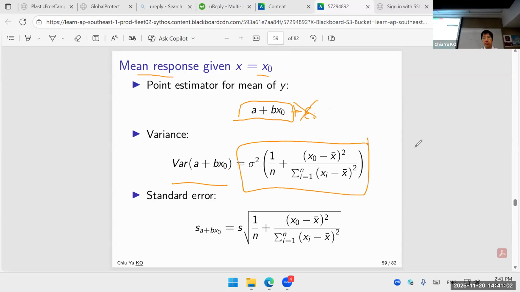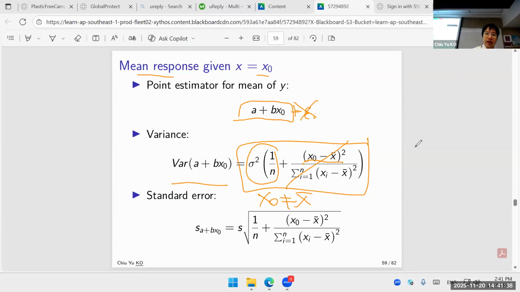This is actually variance of a plus variance of b. You notice the variance of what you predict is related to how close x0 is to x bar. If x0 is the same as x bar, then the variance is simply sigma squared over n. If x0 is equal to x bar, this term is 0, so what is left is the smallest. If x0 is not equal to x bar, you have this positive term, so it's bigger.